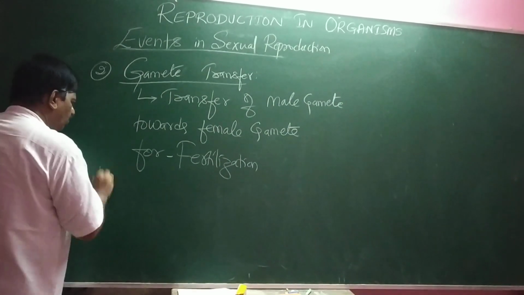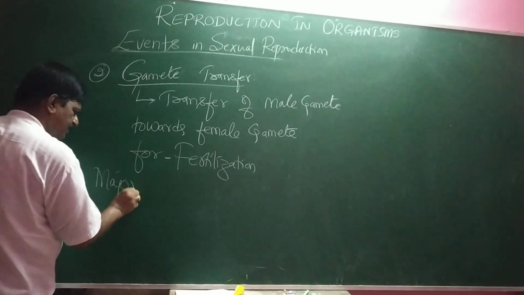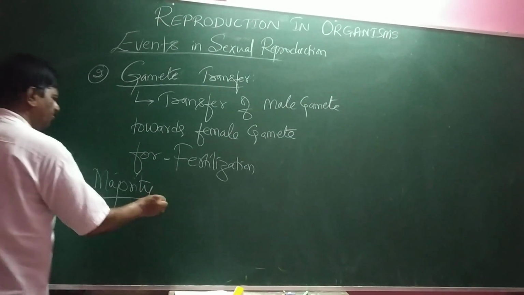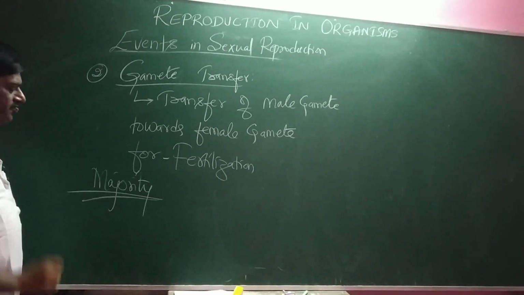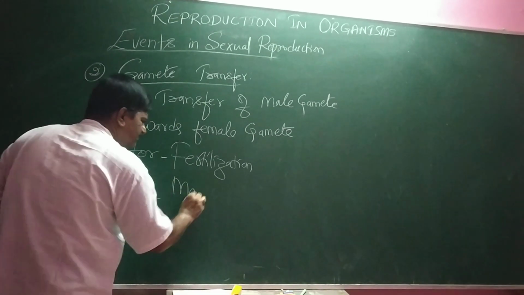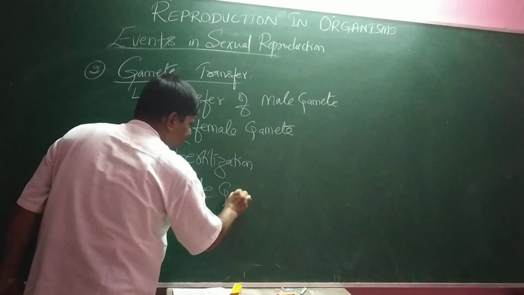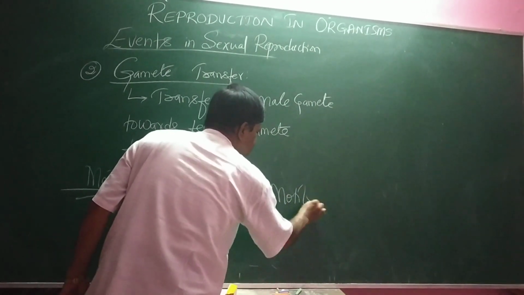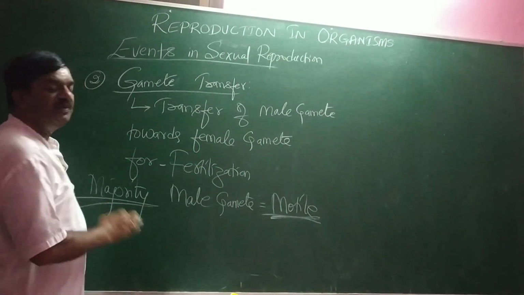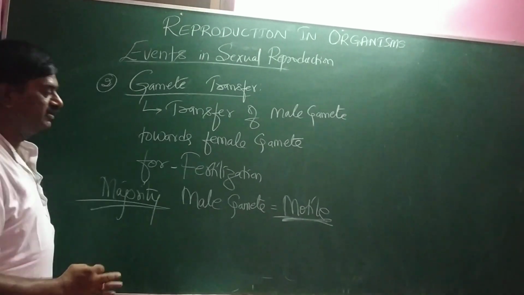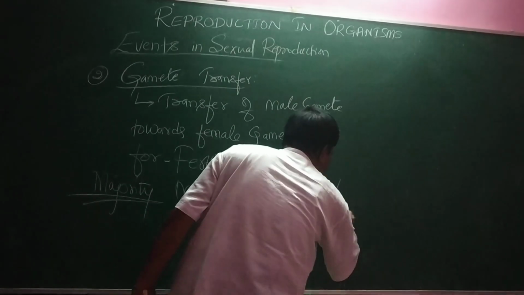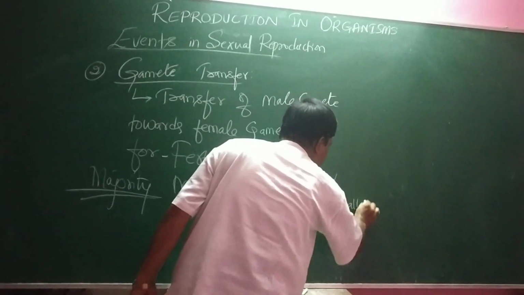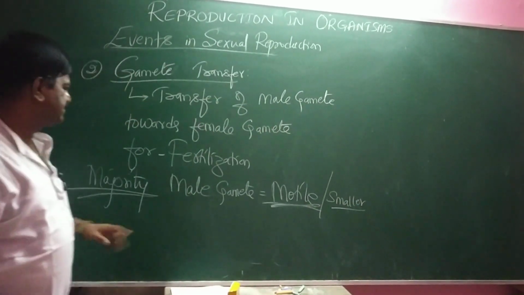So in the majority of the individuals, we know that the male gamete will be motile. The male gamete has the capacity of movement, and it is always smaller in size.